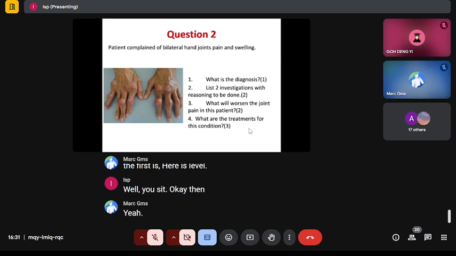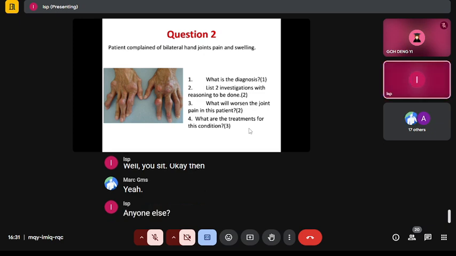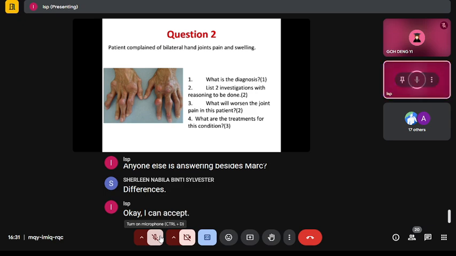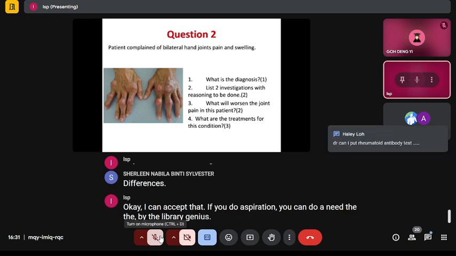Yeah. Then anyone else answering besides Mark? Birefringence test. Okay, I can accept that. If you do aspiration, you can do the light birefringence. Yes, it's okay. Yeah.